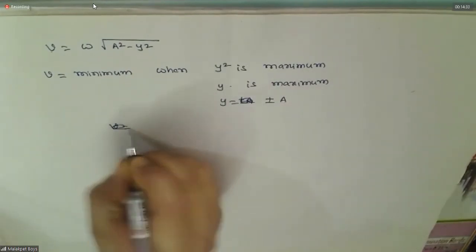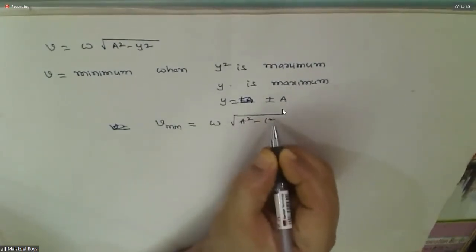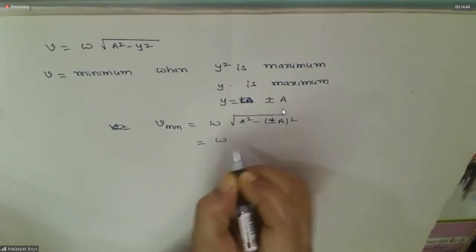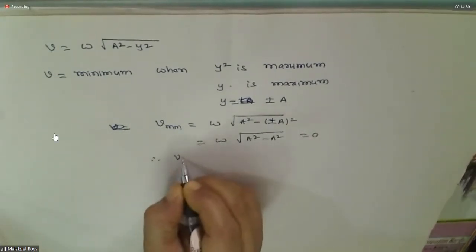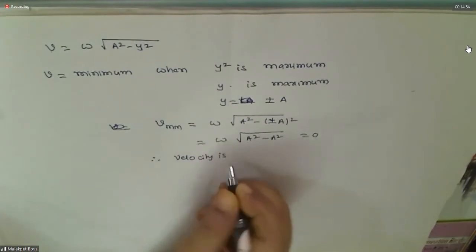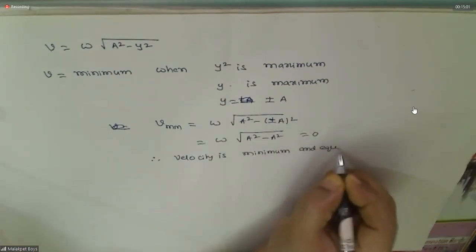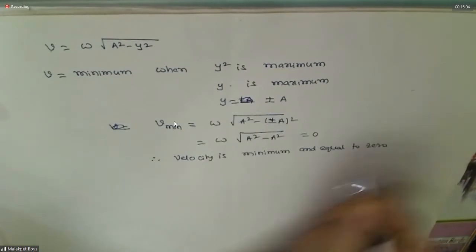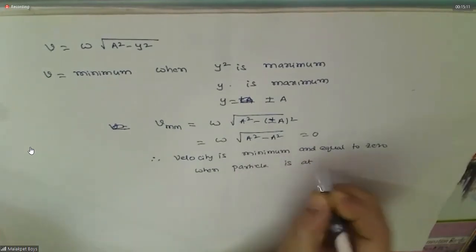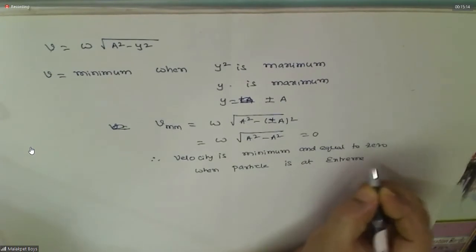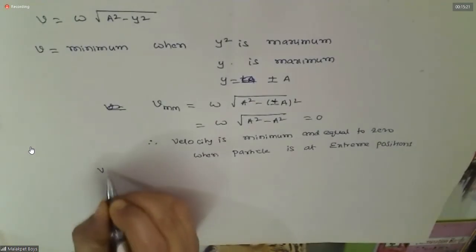So V min will be zero. Therefore velocity is minimum and equals 0 when the particle is at which position? Extreme. Maximum position. Extreme.